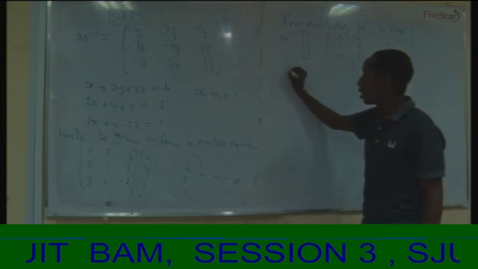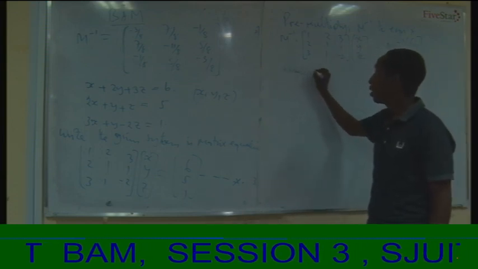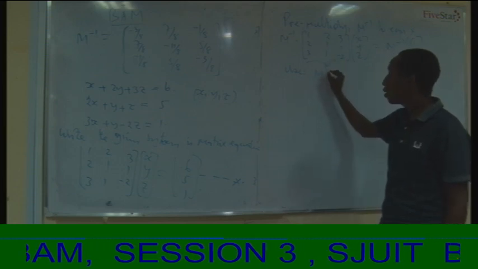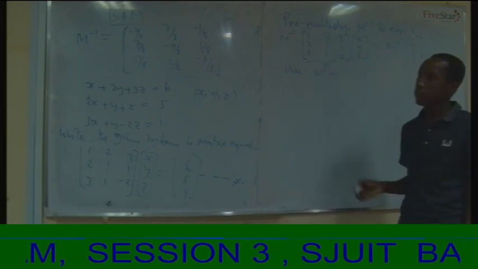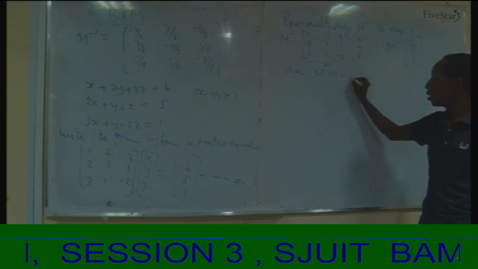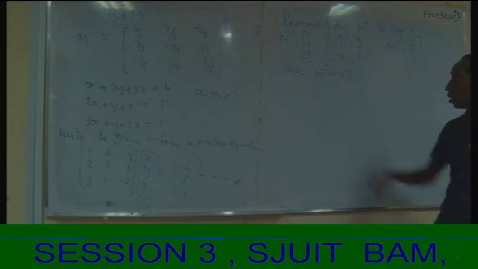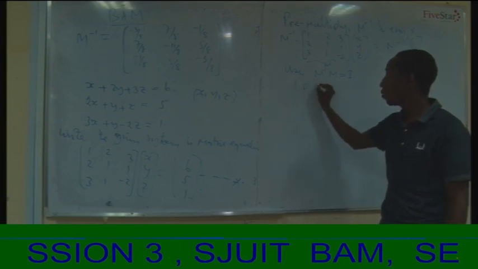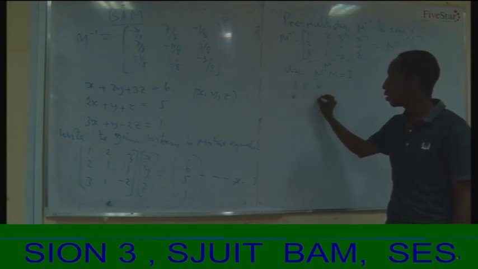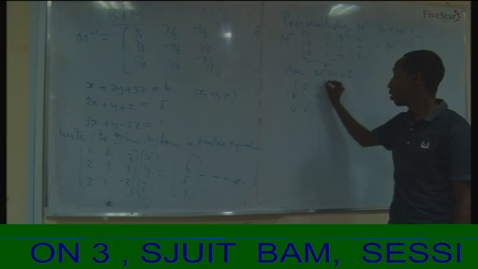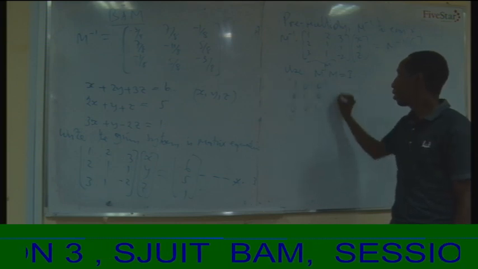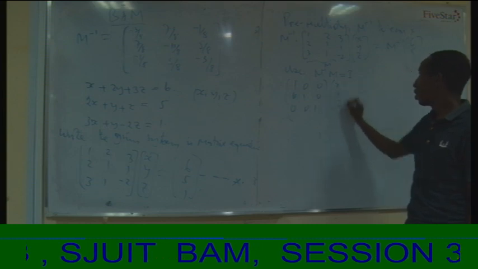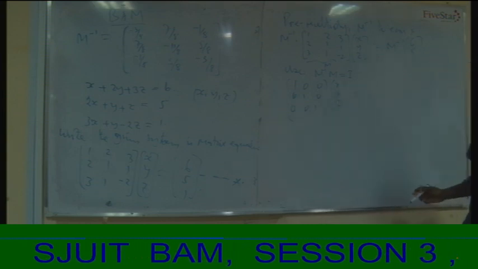Again, we use the fact that, because this is just matrix M, when we take the inverse of a matrix times the matrix itself, what we expect to get is just an identity matrix. So here we now have the identity matrix. The 3 by 3 identity is just 1, 0, 0, 0, 1, 0, 0, 0, 1. Then multiply by x, y, z, equals M inverse, which is that one.